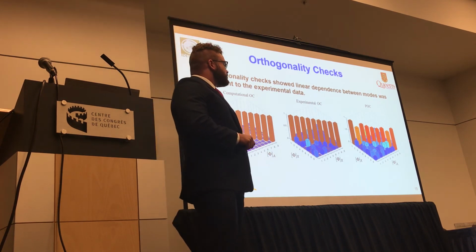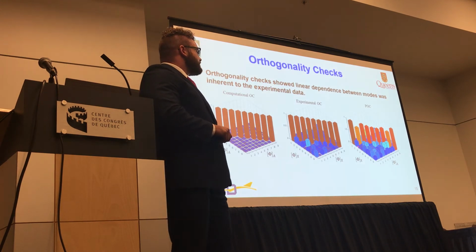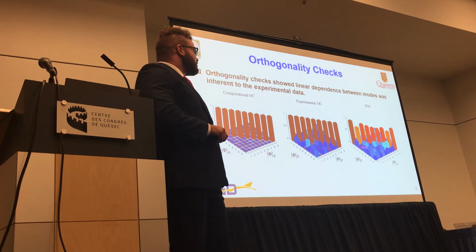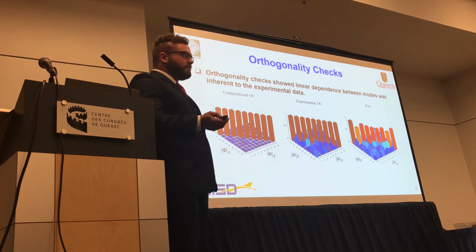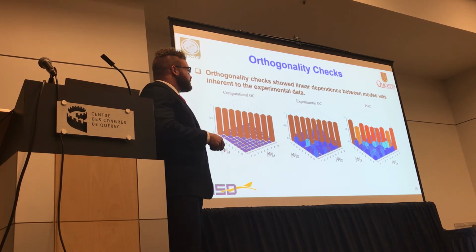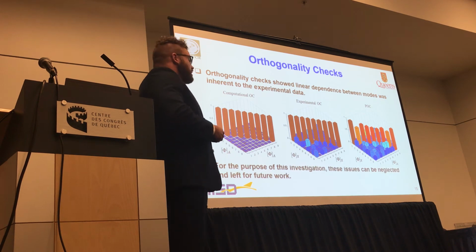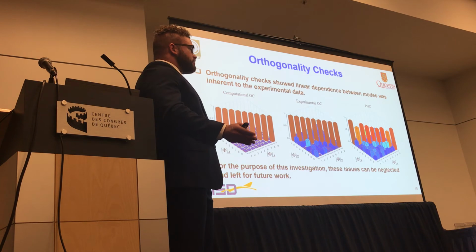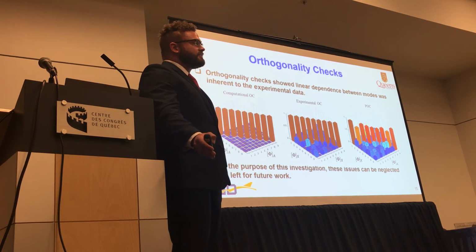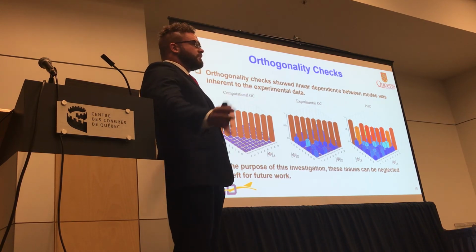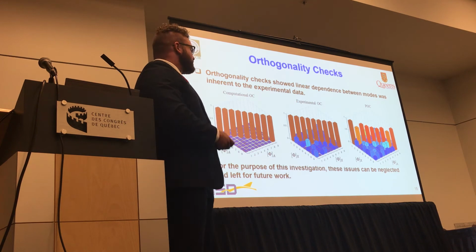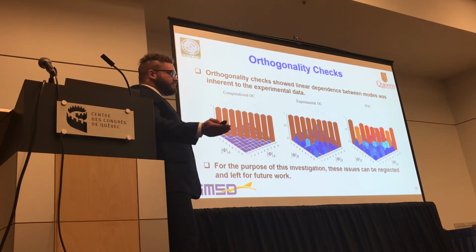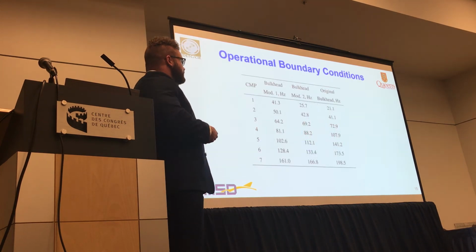When we combine these two together, we see that these off-diagonal terms stay on the same order of magnitude as they were here, so once again, likely due to the issues that I addressed. But for the purposes of this work, I don't consider it super important to investigate rivet connections and so on, because that's a whole other rabbit hole that I don't want to go down. I want to investigate these stiffener effects on the bulkhead.